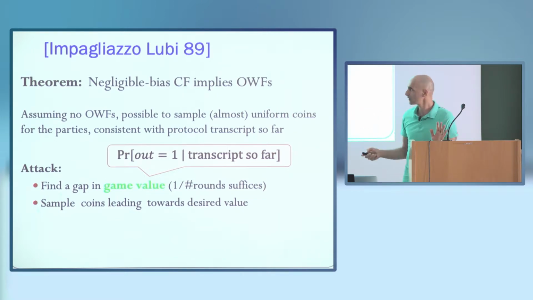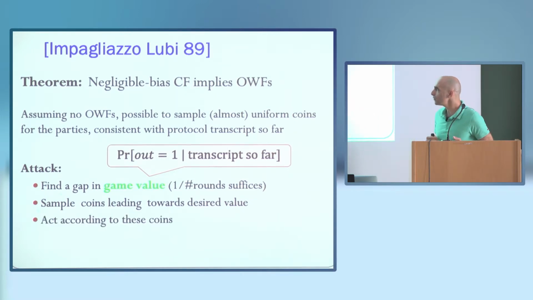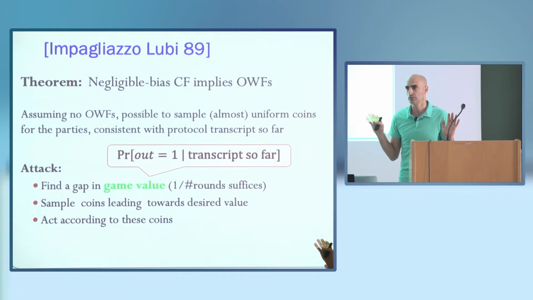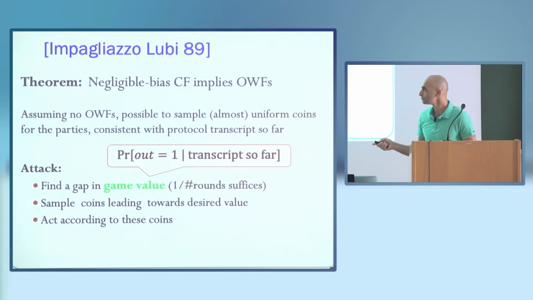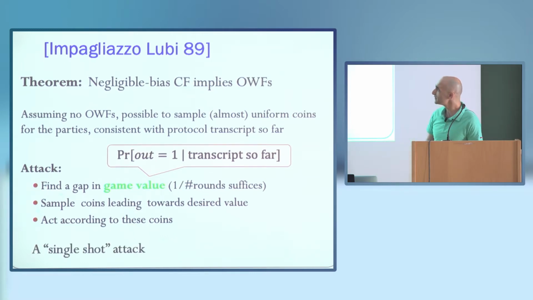And that's the whole attack. And from here on, you act honestly. You only attack the protocol once. You deviate from the distribution of the protocol once, but then you regain your honesty. And this is a single shot attack.